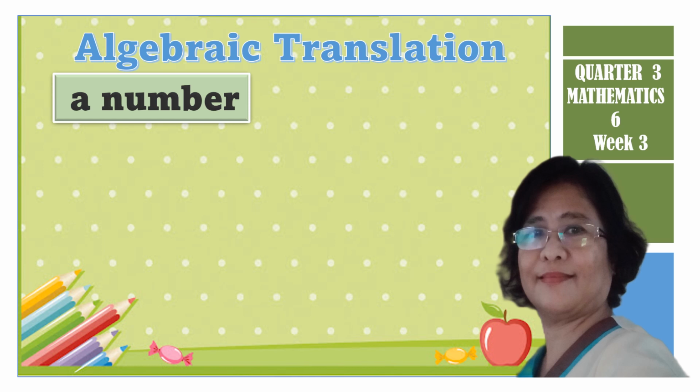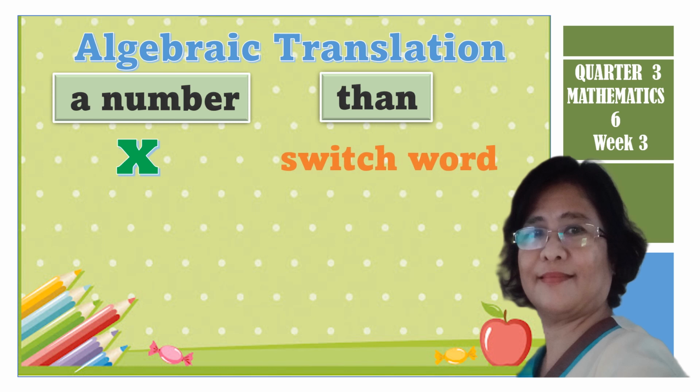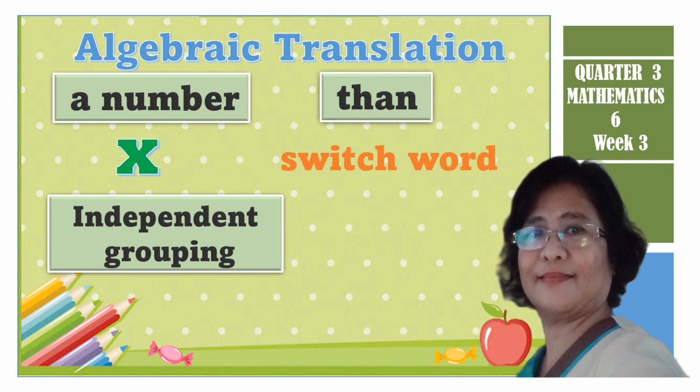It can be represented by any letter of the alphabet. Next is the word than, which means switch word, pagpapalit. Another one is the use of the independent grouping, which is the parenthesis. And the last one is the use of the helping verb is, means equal. Tandaan ang mga tips na ito for translating an algebraic equation.